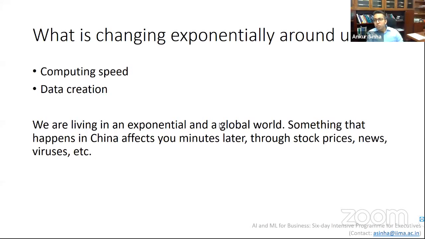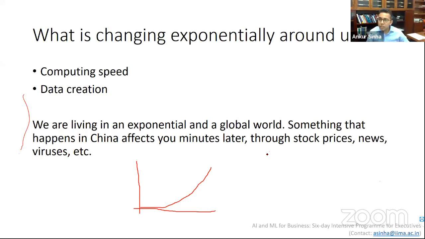I'm sure most of you understand what the exponential curve looks like, right? If you look at the exponential curve, we know that on an x and y axis, the curve grows like this very rapidly, isn't it? That is how the computing speed has been changing over the last 60 years.